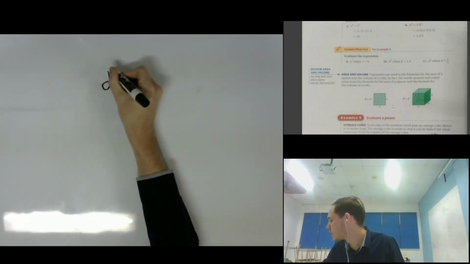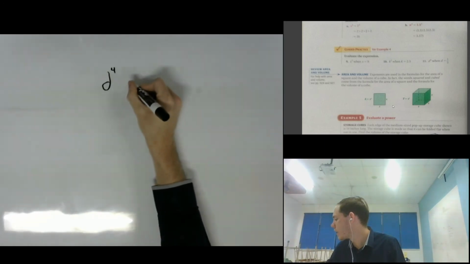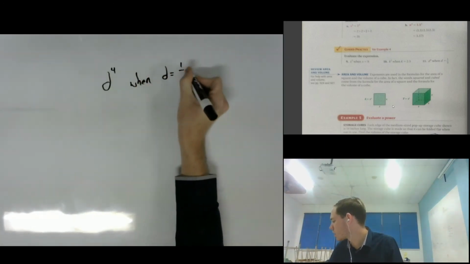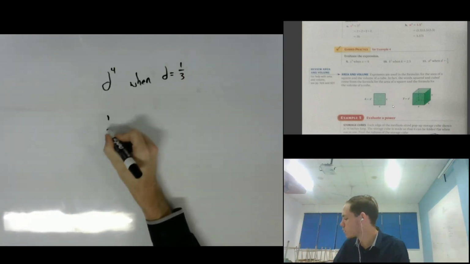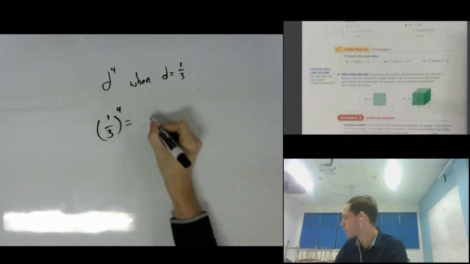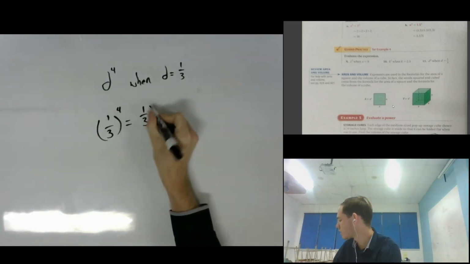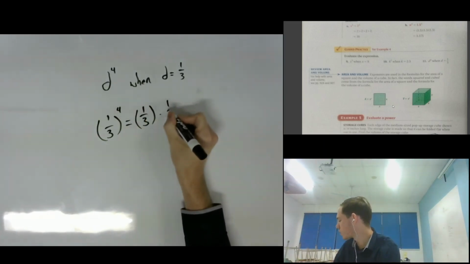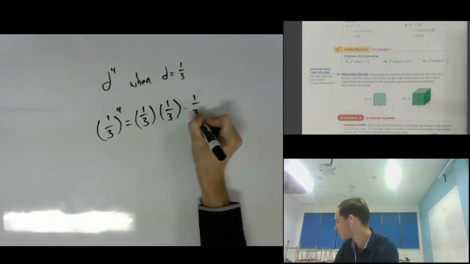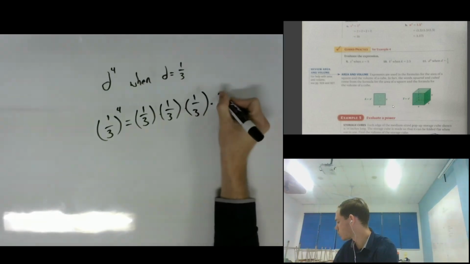We'll do one of these. So d to the 4th power when d equals 1/3. Then we're substituting 1/3 in for d, and we're going to get 1/3 times 1/3 times 1/3 times 1/3.